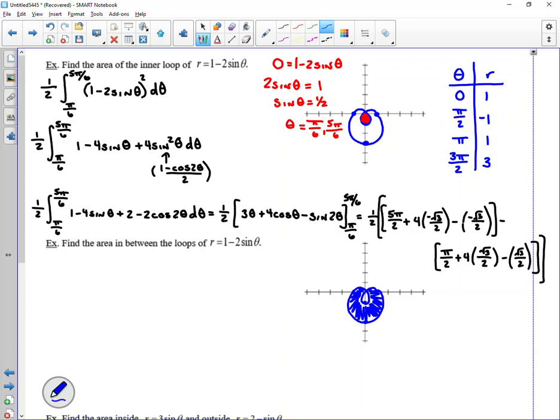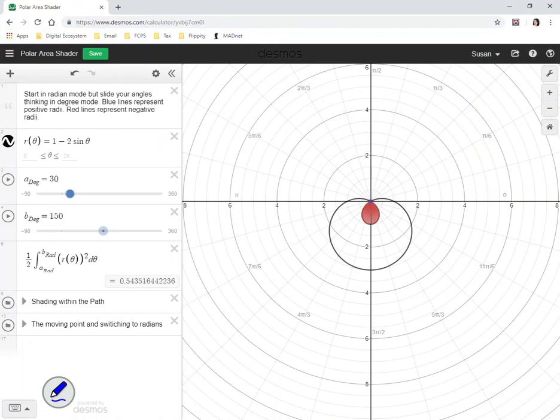See how we already figured out this little inside part? So in order to find the area in between them, be very careful.